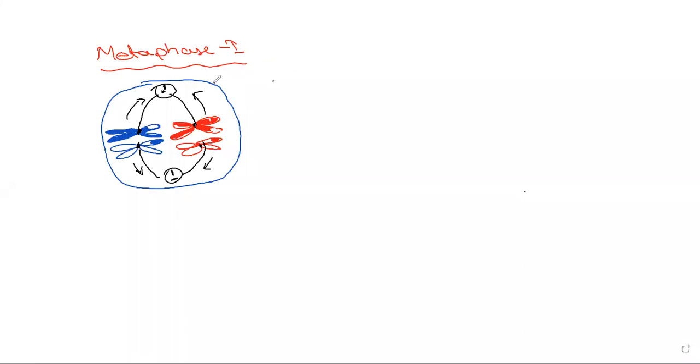What happened? We can find that some of the spindle fibers run from this pole to this pole. These are your continuous spindle fibers, and some are non-continuous spindle fibers.